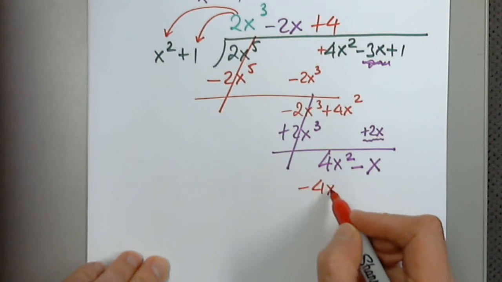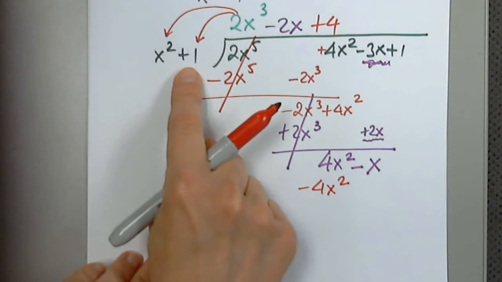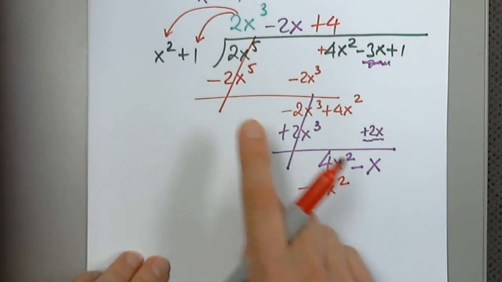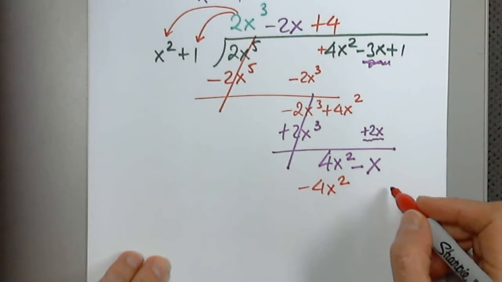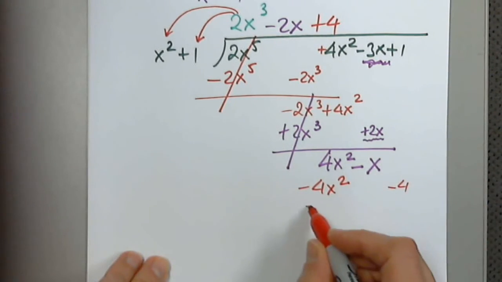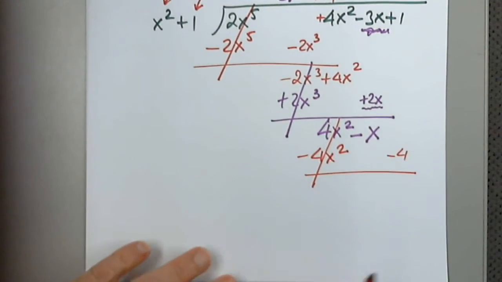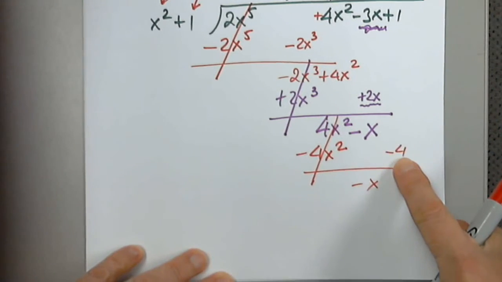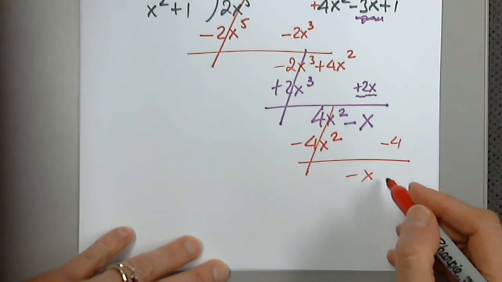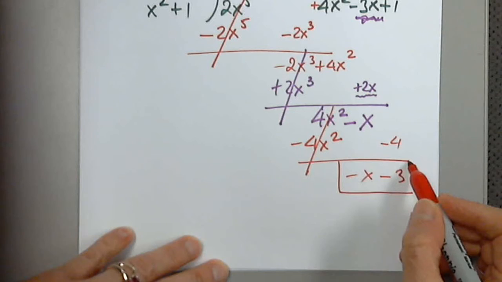I have to change. 4 times 1 is 4, and I cannot write it here. I have to write it under 1. So it's positive 4, but I have to write negative 4. I copy negative x. And what do I copy as the last term? Minus 3. This is what I have to box in.